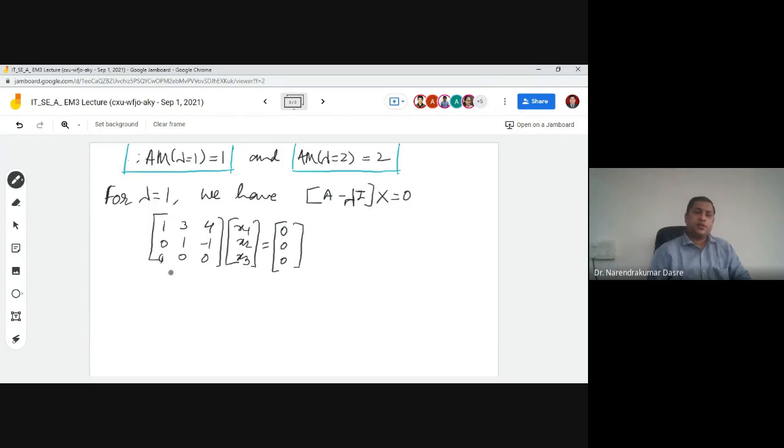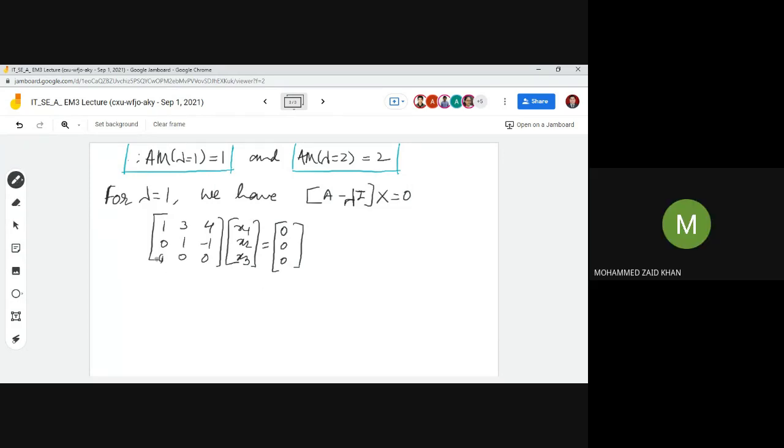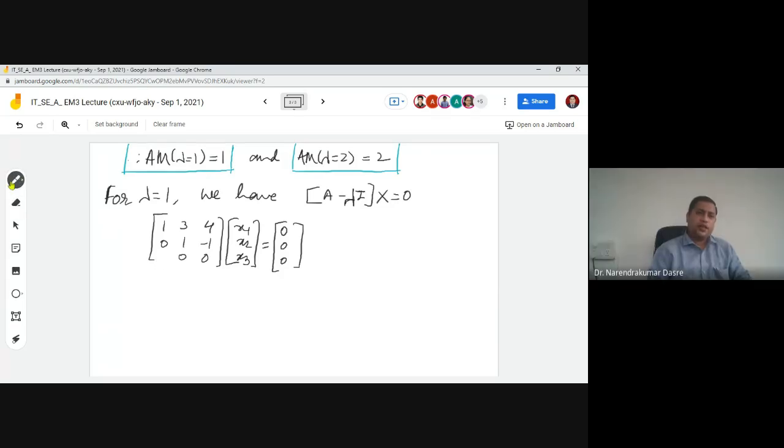Okay, so how many distinct equations can you see here? 2 equations. 2 or 3? Okay, so all 3 distinct equations we have. Okay, so can we apply Cramer's rule here?